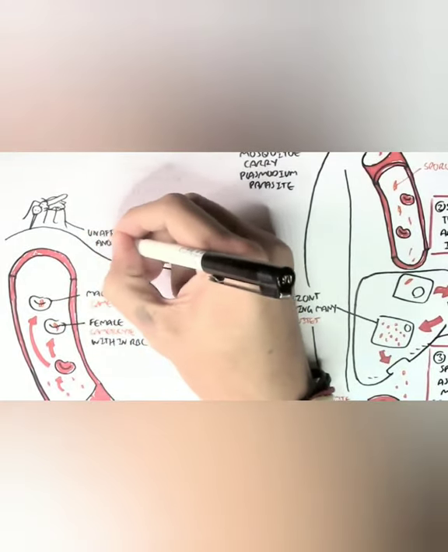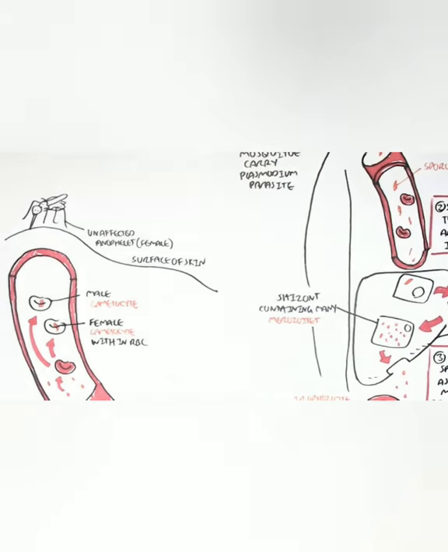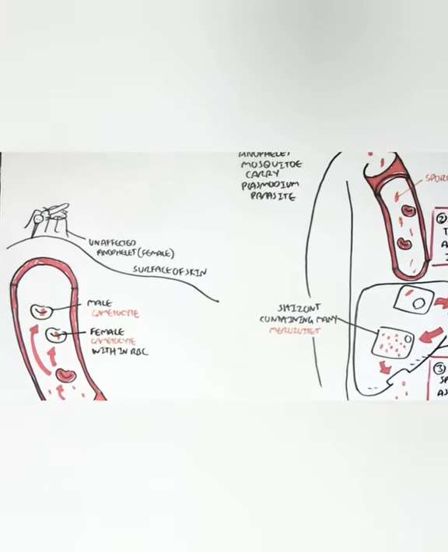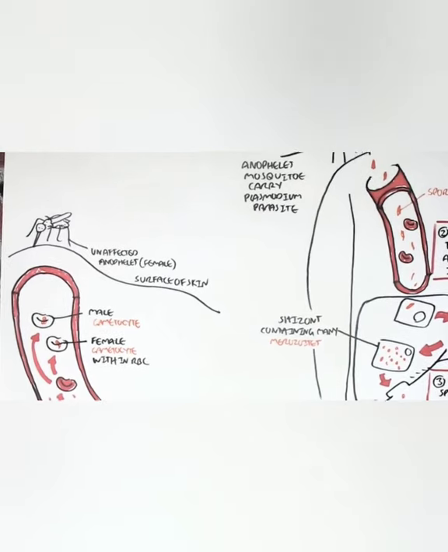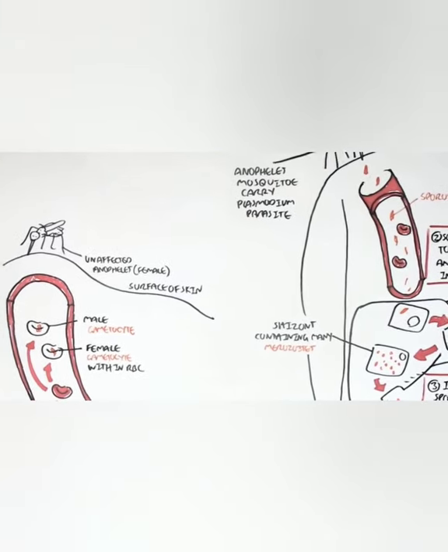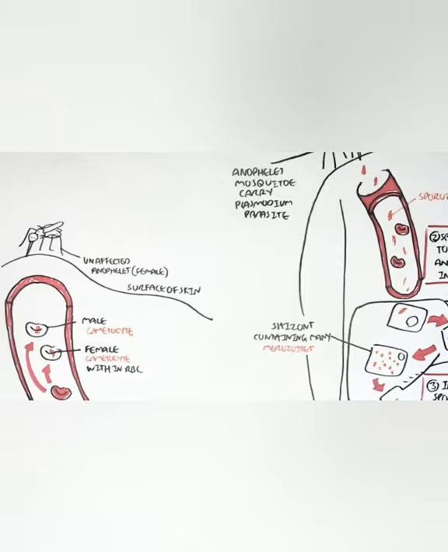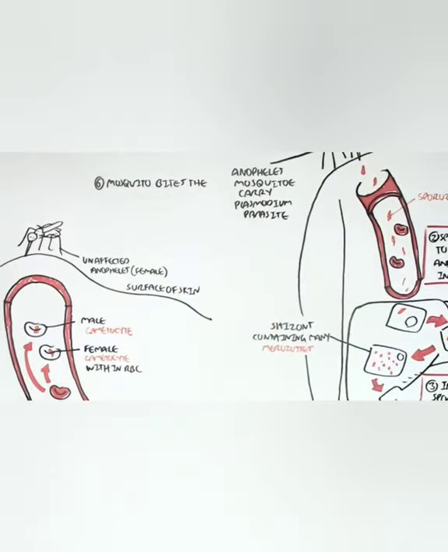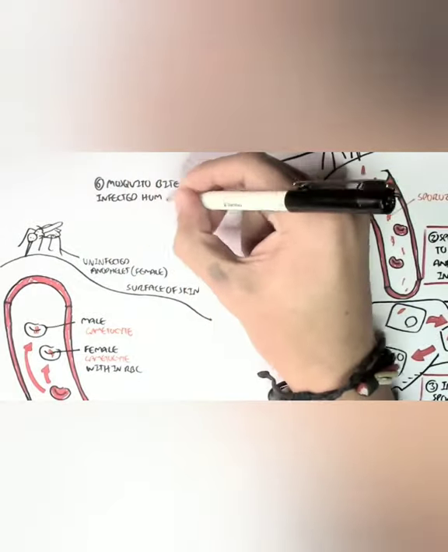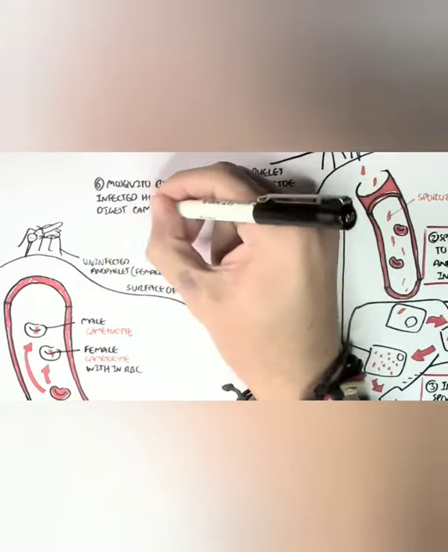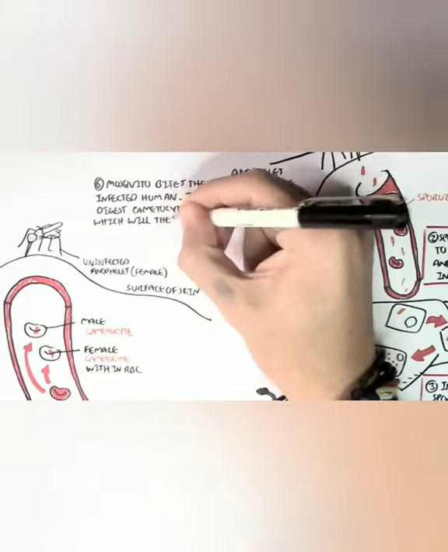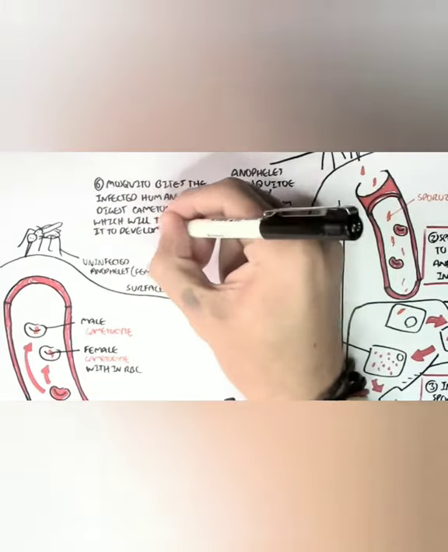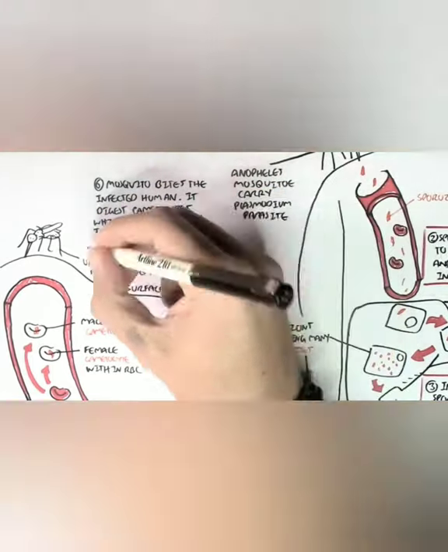So therefore, if another uninfected Anopheles mosquito comes along, a female, and bites this particular infected human being, it will suck up these gametocytes, the male and the female. So writing this up, the mosquito will bite this infected human, it will digest the male and female gametocytes, which will allow the gametocytes to develop into mature sex cells called gametes.